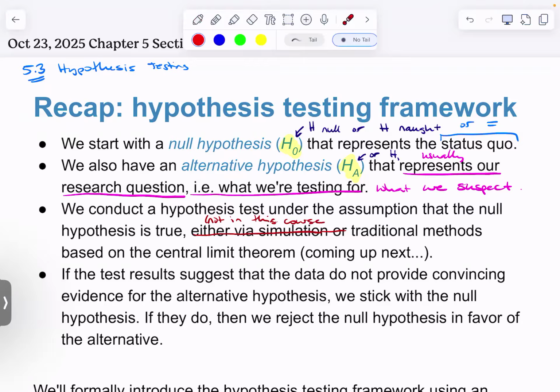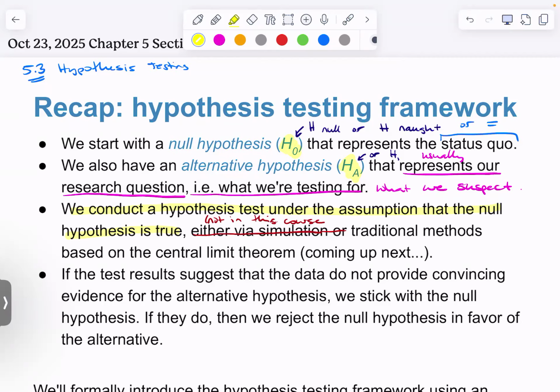What does the central limit theorem say? It says that we can assume a normal distribution as long as some conditions are satisfied: independence and normality. So that's neat. But the key thing is that we have to assume that the null hypothesis is true throughout all our testing.